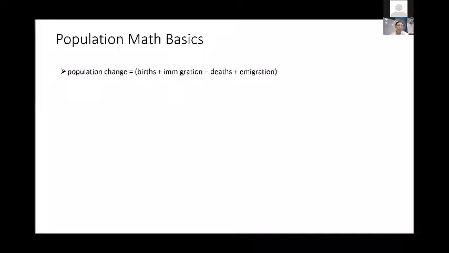So remember that population change, or population change in rate, can be calculated by looking at the amount that are incoming, so births and immigration, and then you take away those outgoing from the population from deaths and emigration.